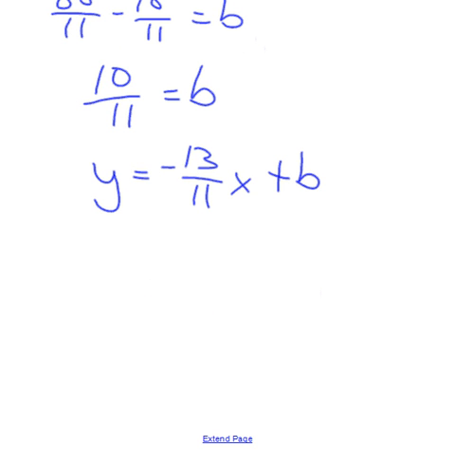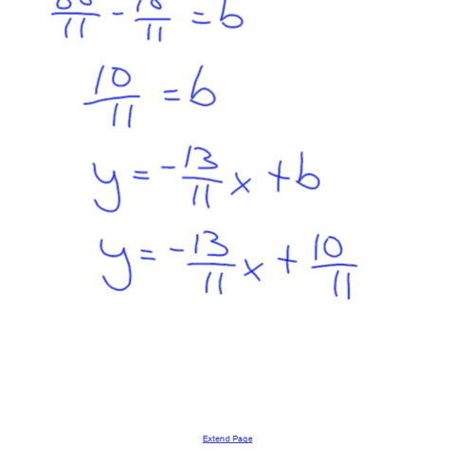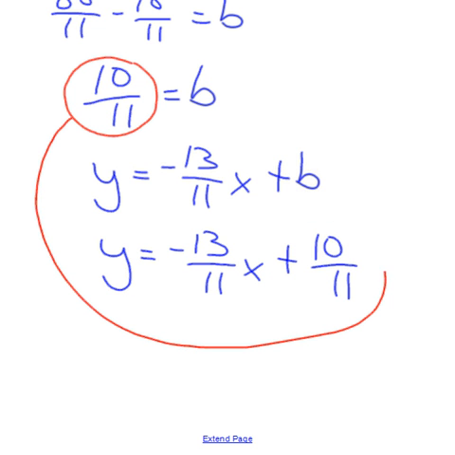So b is 10 elevenths, and so I write out y equals -13 elevenths x plus 10 elevenths. A lot of people get tempted to shortcut this and just try to guess b, and remember, you're getting b from here. You solve for it. So that's where this came from.